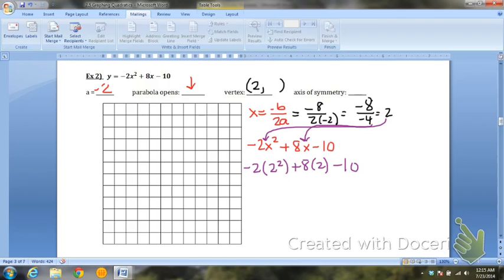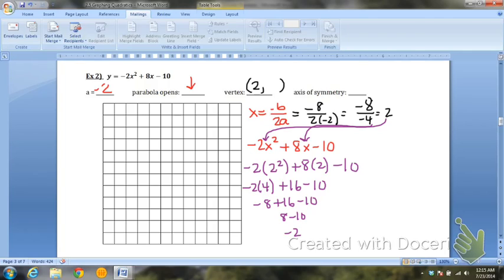Alright, so 2 squared is 4, so I have negative 2 times 4, plus 16 minus 10. Negative 8 plus 16 minus 10, so 8 minus 10 is a negative 2.